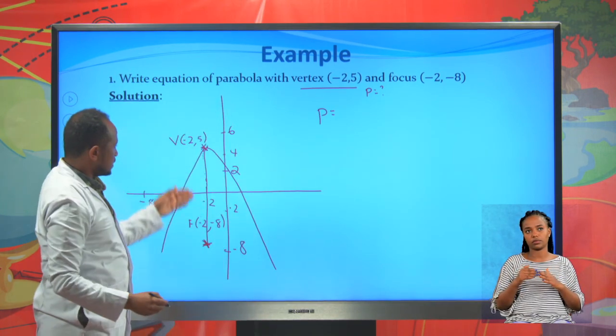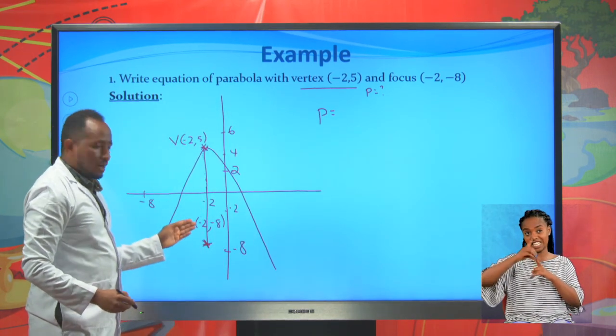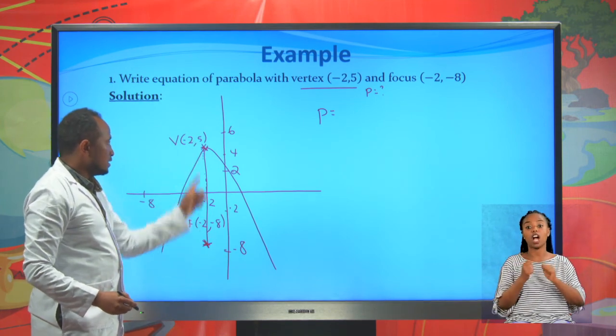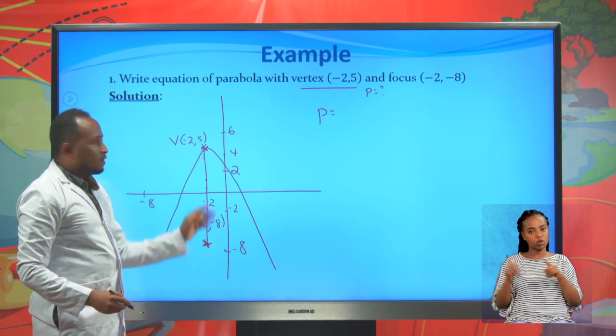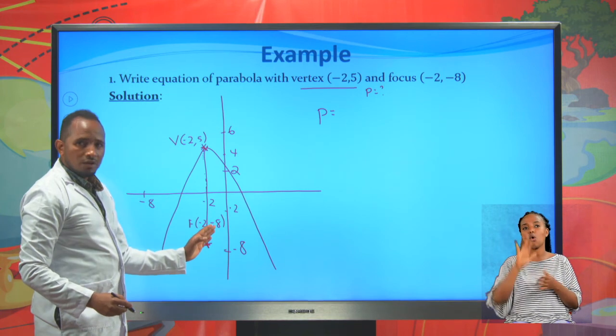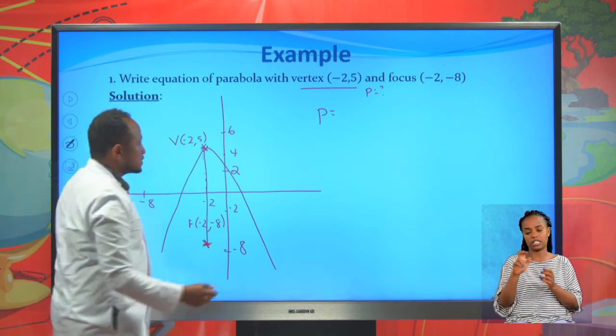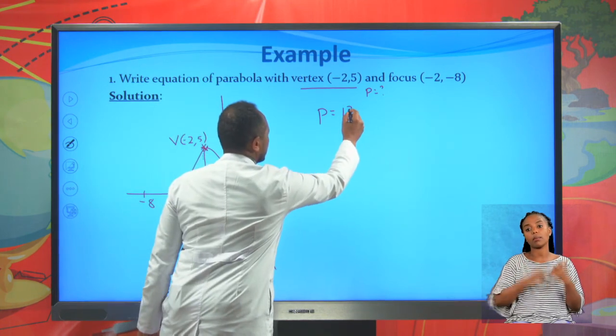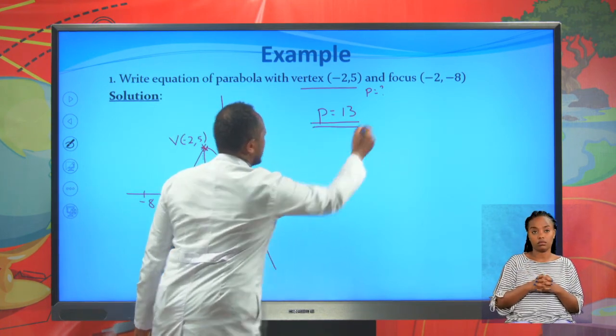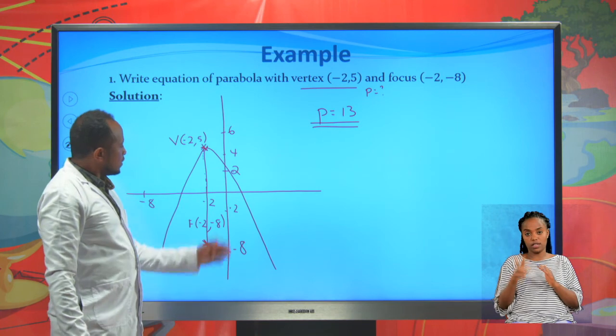Since it's a vertical line, you can take the difference between the y coordinates. So 5 minus negative 8 is 5 plus 8 is 13. So p is 13. And then we write the equation.